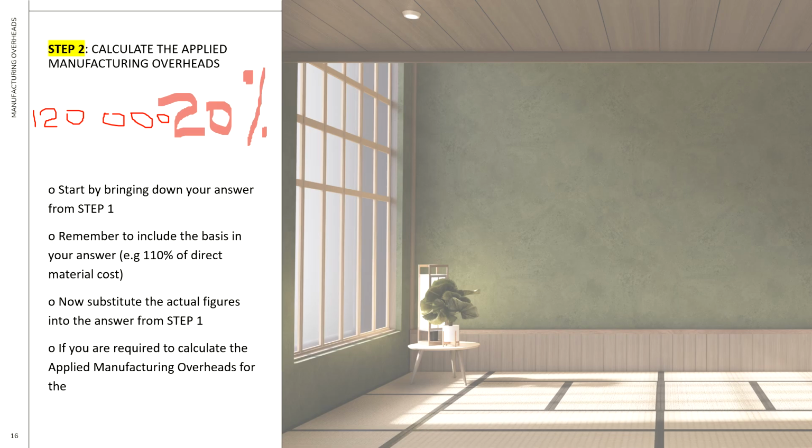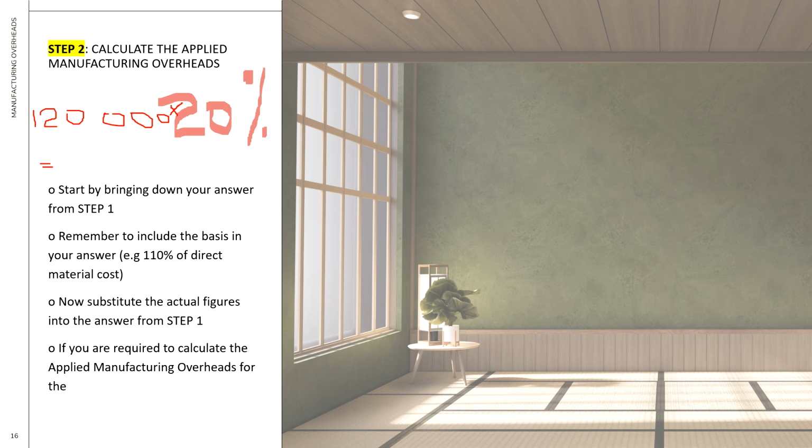So they say overheads are applied at 20% of direct labor cost. And how much is direct labor cost? It's 120,000. So that simply means you are going to take 20% of 120,000.